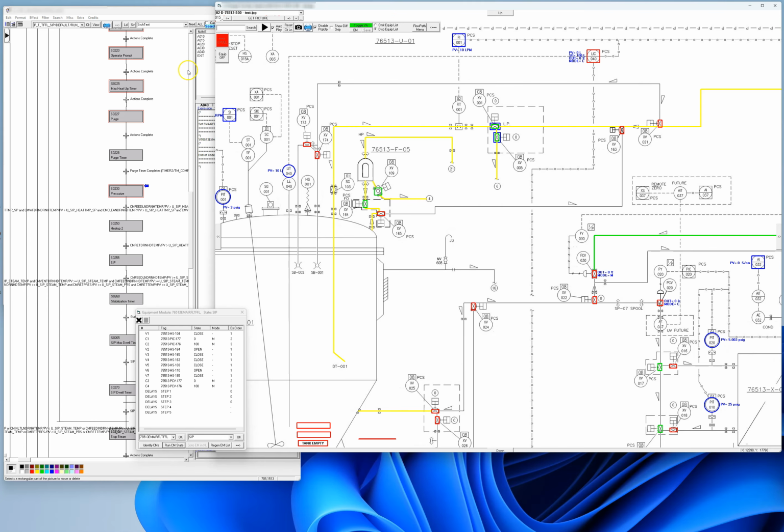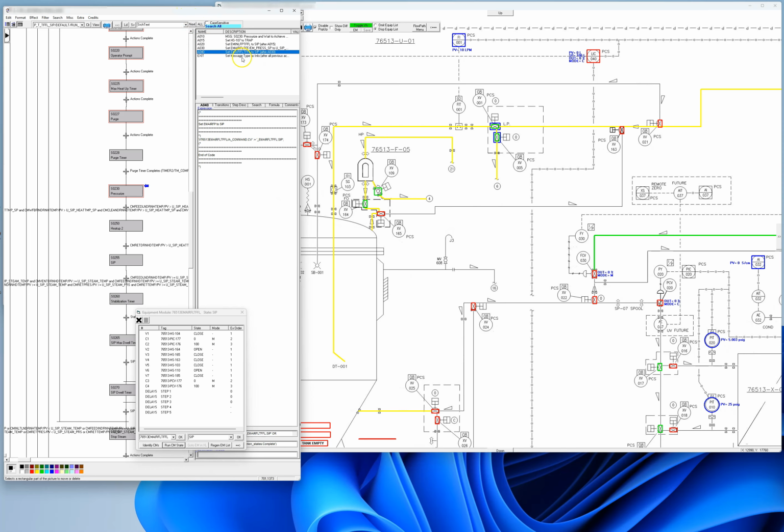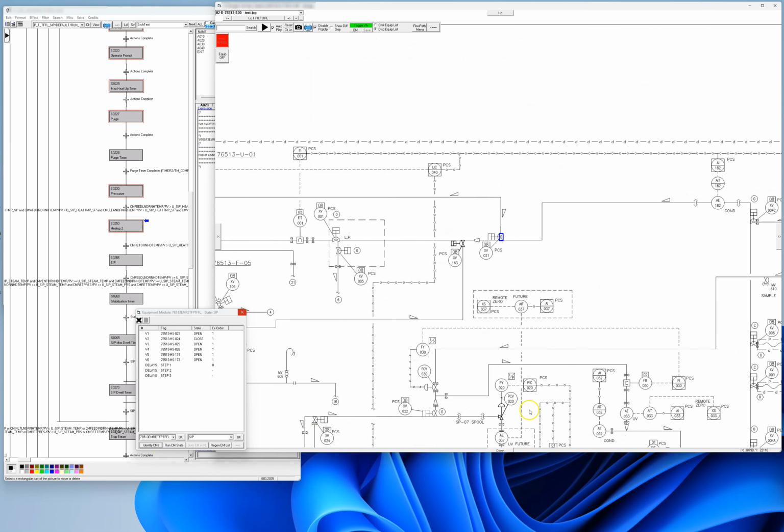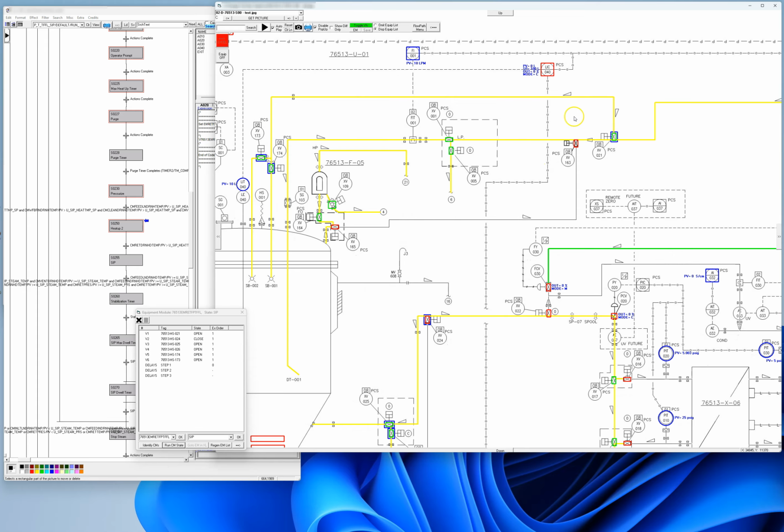And basically SIP, and then this is heat up 2. What does heat up 2 do? You can go like that. Oh, sorry, that's identify. So you notice that heat up 2, it opens up other path.